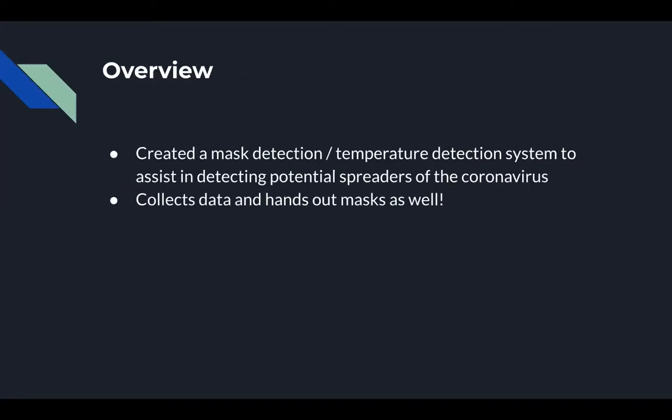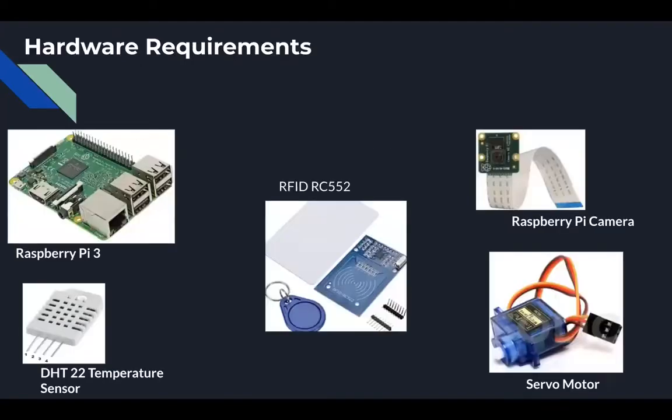The overview is we created a detection model and a mask dispenser, along with temperature detection, assisting in detecting potential spreaders of coronavirus. We are also collecting data to use to detect the spreaders.